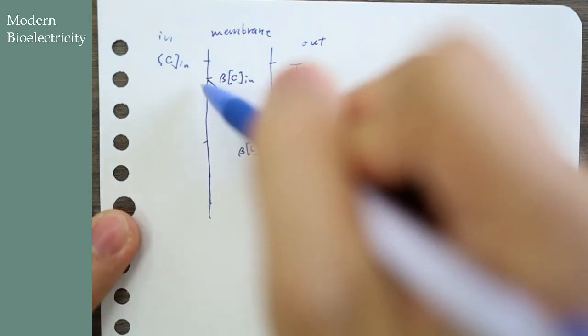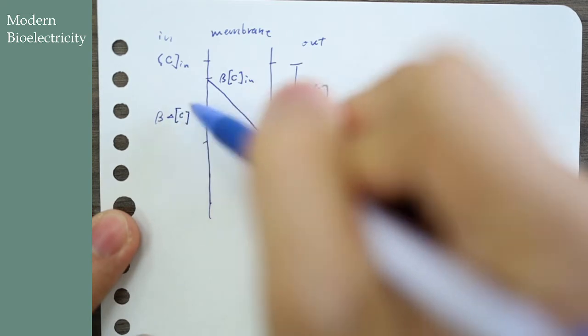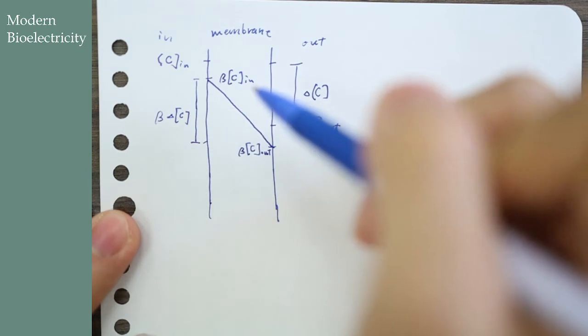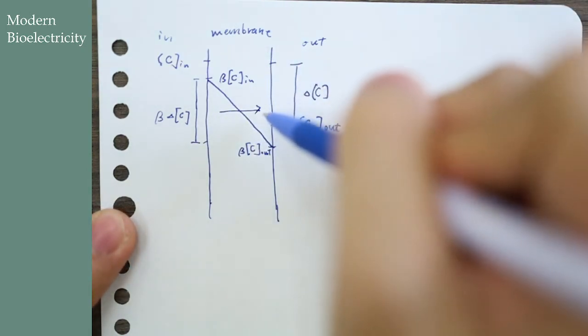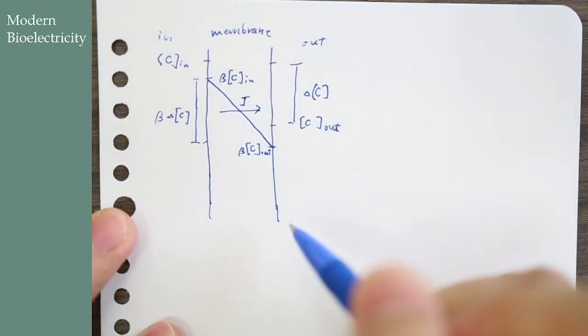And we have beta delta C, which is the difference of the ion inside the membrane. And then we have the flow. This is the flow of the chemical gradient, right?